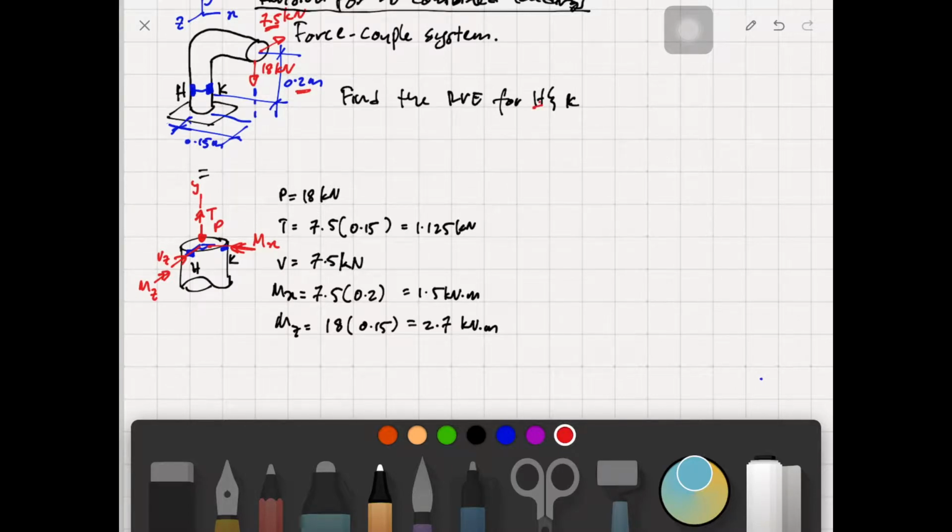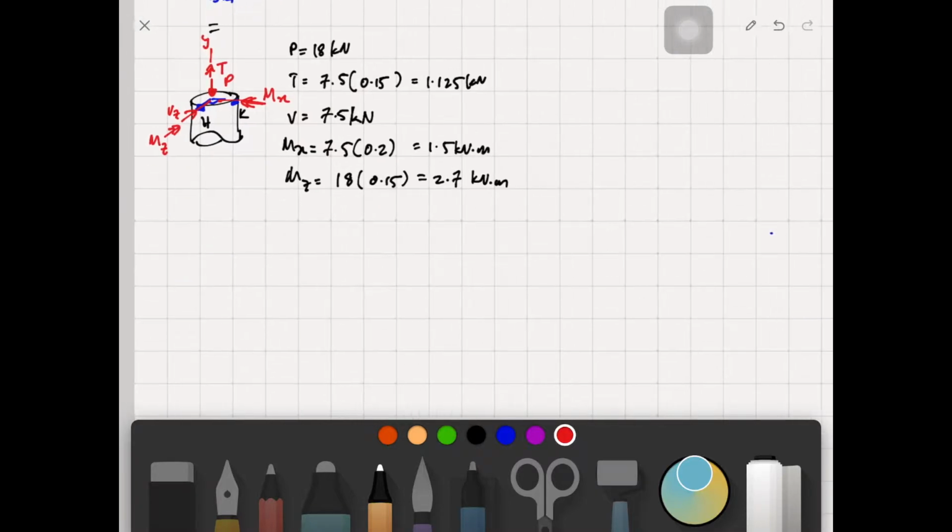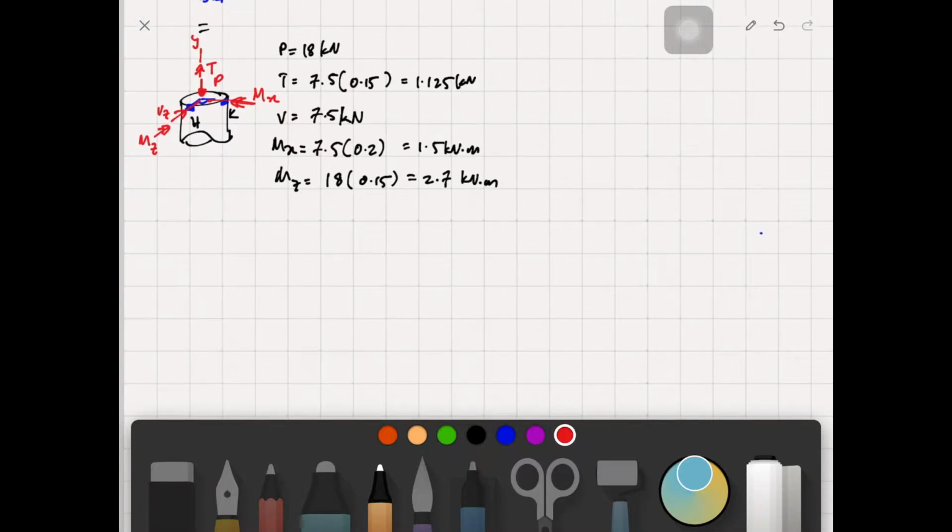first of all point H. Looking at the structure that we have, the system, looking from the top view, we have this. It is easier to see if I make it a circle like that. We have point K over here, and this is point H, right?